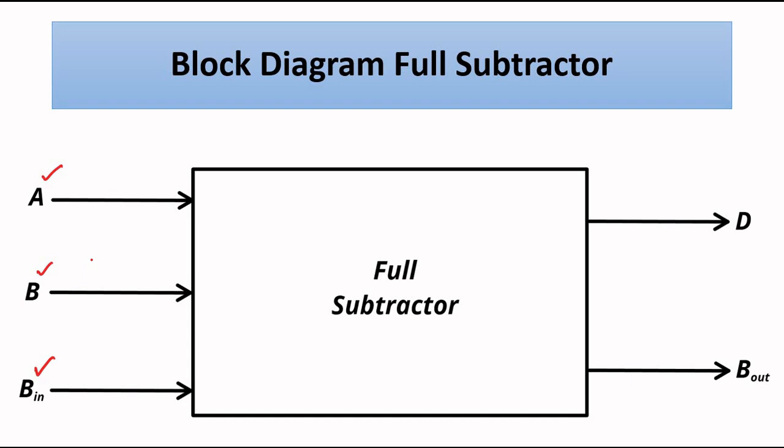And we have 2 outputs here. First is the difference and the borrow which is generated at the output side. Okay, so this is full subtractor. What is its difference from the half subtractor?